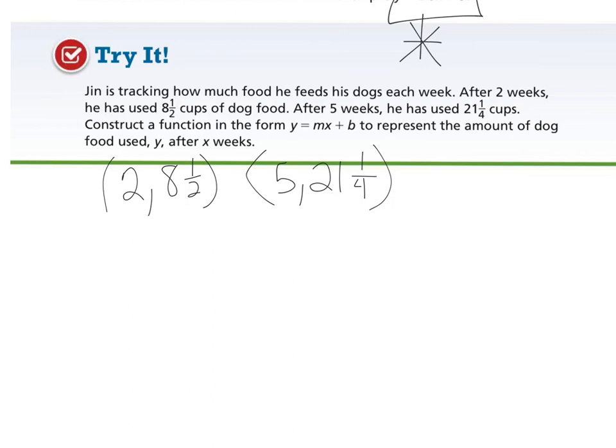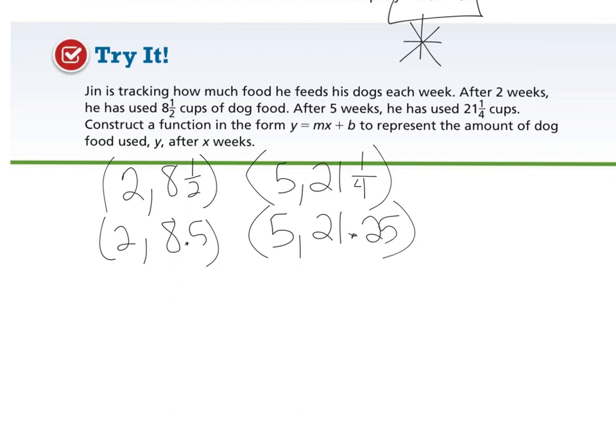These fractions are not terrible. That if we got them to decimal form, wouldn't be too bad for us. So if you're more comfortable with that. Obviously, if we had like 8 1/3, that's a repeating decimal, we wouldn't want to do this. But in this case, we can get by if we want.